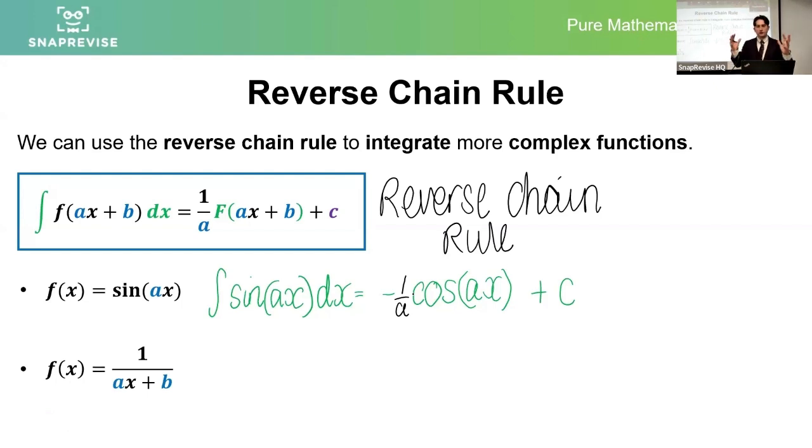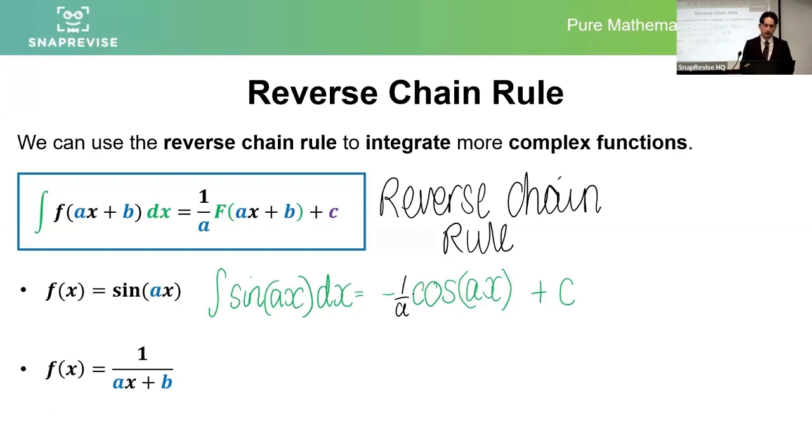Some people like doing this: differentiating minus cos(ax) and seeing how far off you are. Because if you're only off by a number, or a letter in this case, you can just times by 1 over that thing.